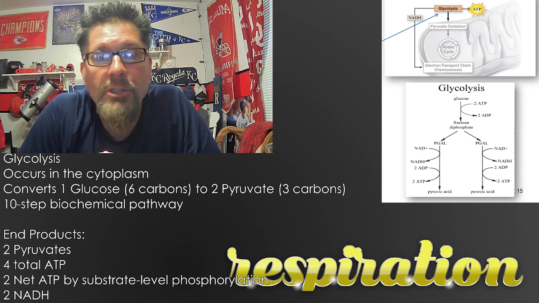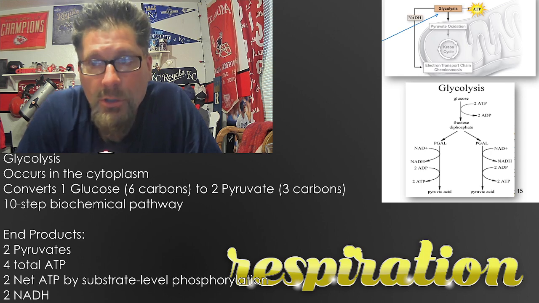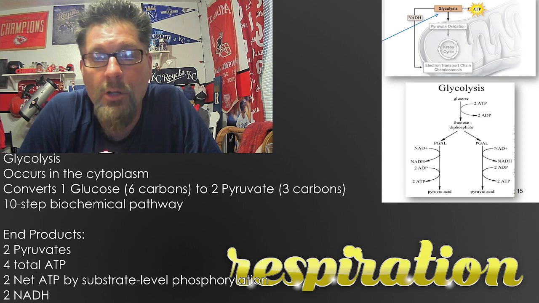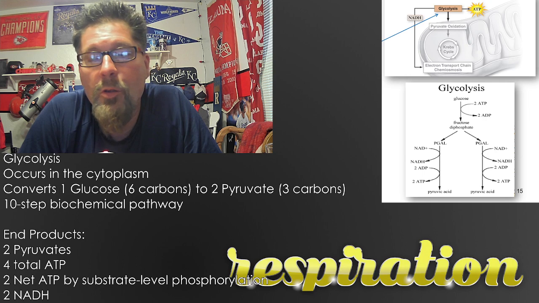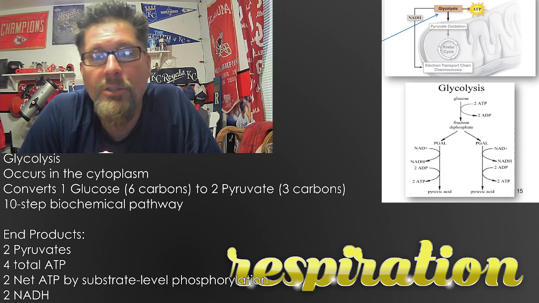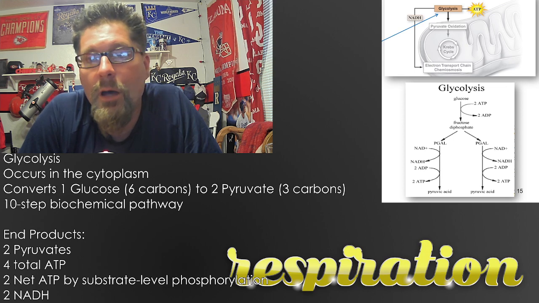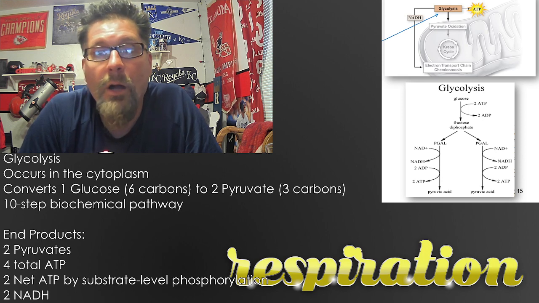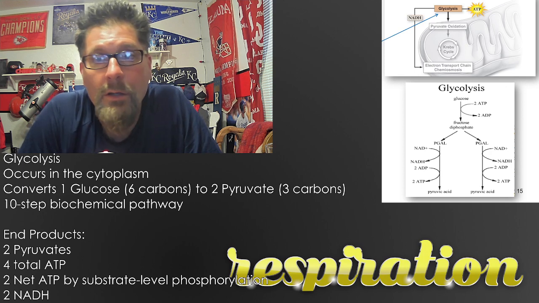The whole purpose here is to take one glucose molecule, which has 6 carbons, which we're going to see examples of, and it's going to be broken down into 2 3-carbon molecules that are called pyruvate. That's the end product of glycolysis. And this is the 10-step process.